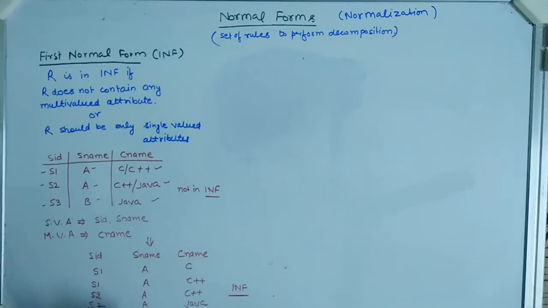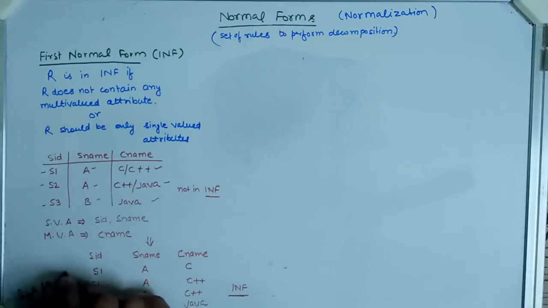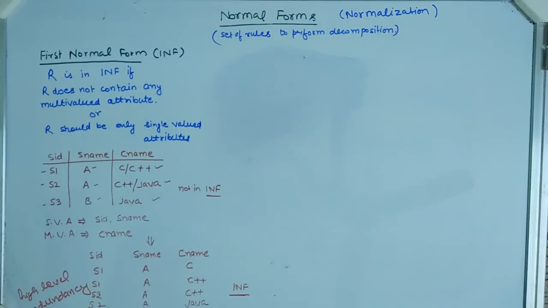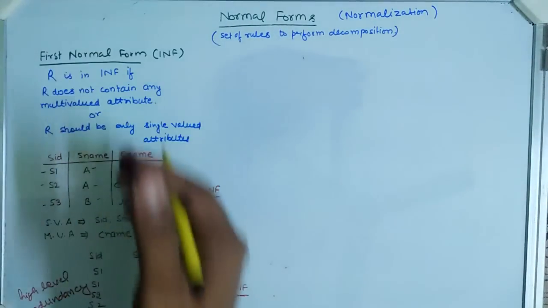What 1NF represents is that it contains only single valued attributes, and secondly it has a high level of redundancy in the table. This is your first normal form.